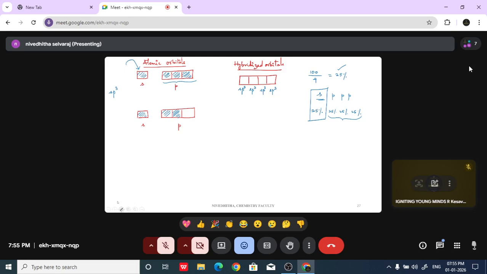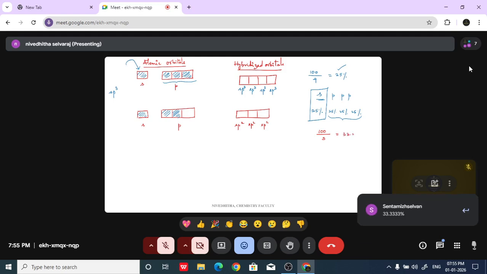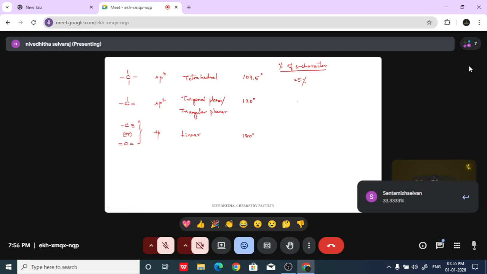So the number of hybridized orbitals formed will be just 3, and the name of each orbital is sp2. So percentage of s character is totally 100, and we have to divide by the number of orbitals involved in hybridization, which is 3. So 100 divided by 3 is 33.33%. So percentage of p character is nothing but 100 minus 33.33%.